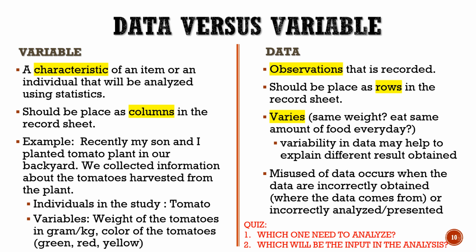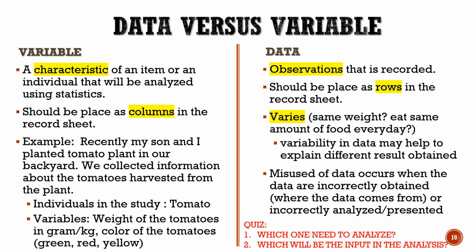And then the variables, or the characteristics of the tomato, our observation, will be the weight of the tomatoes, the color of the tomatoes, and maybe the size of the tomatoes.